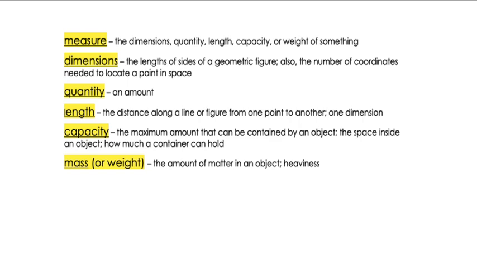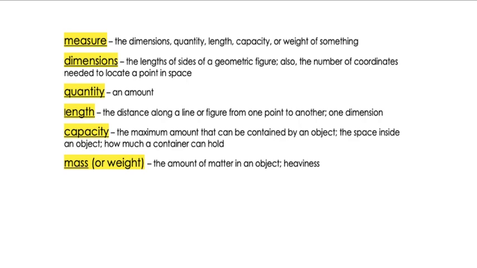Some vocabulary words that are important to note as we talk about measurement conversions are the following. Measure, which means the dimensions, quantity, length, capacity, or weight of something. Dimensions are the lengths of sides of a geometric figure.